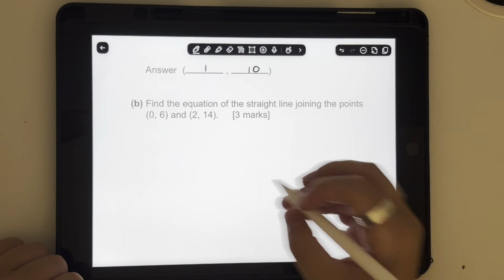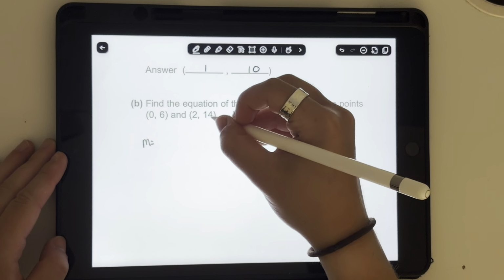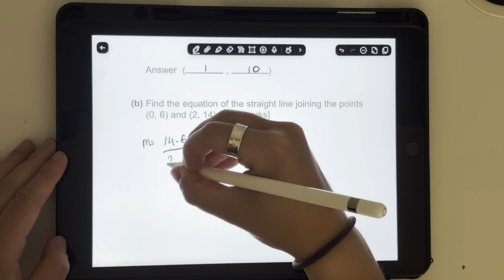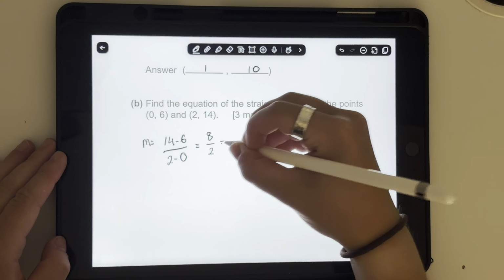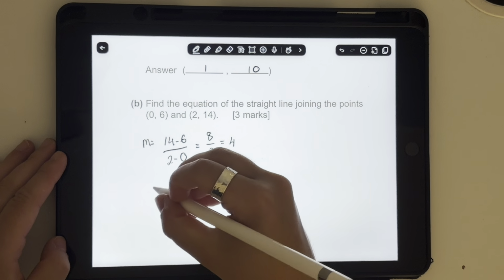Oh yeah, okay. So we can get the gradient by doing y1 minus y2 like this. That gets us 4.